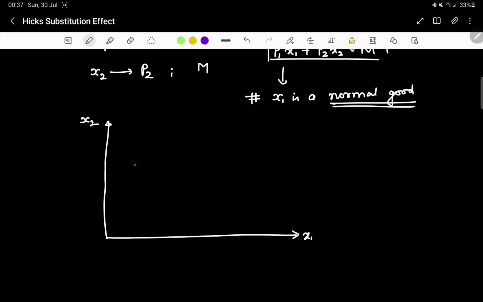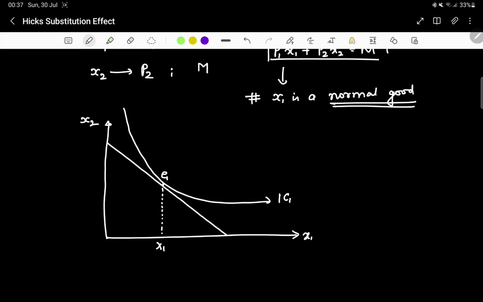Firstly, let us take this as our budget line and this as our initial indifference curve. Assume it to be touching at this point. This is our initial indifference curve, and we are consuming x1 amount of commodity at the level of equilibrium.